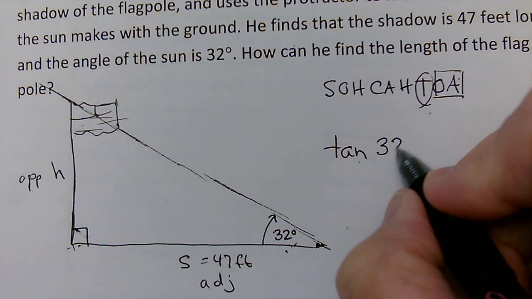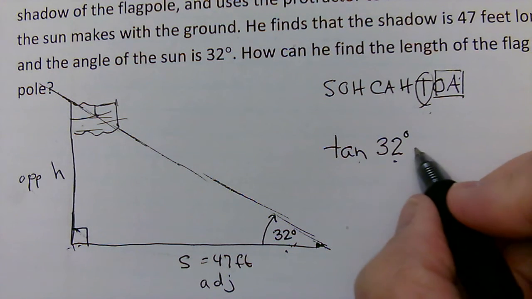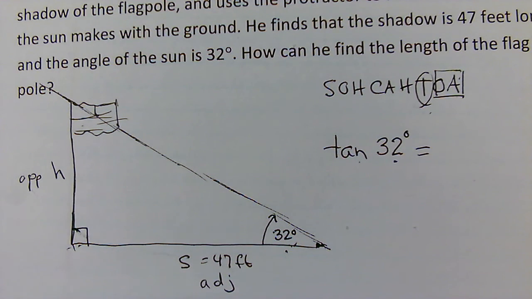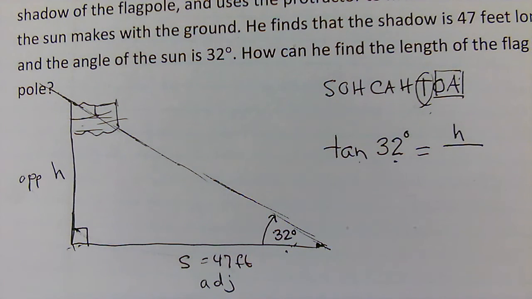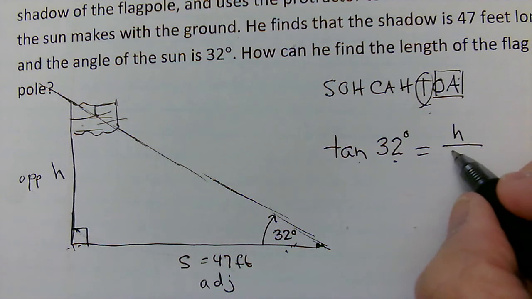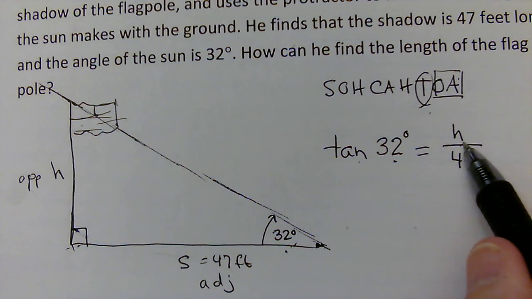So when we write our equation, we're going to use the tangent of our angle. Remember, a trig function always needs an angle to act upon. And then we can say that that is equal to the length of the opposite side, which is H, over the length of the adjacent side, which is 47. So now we want to solve to get H by itself.